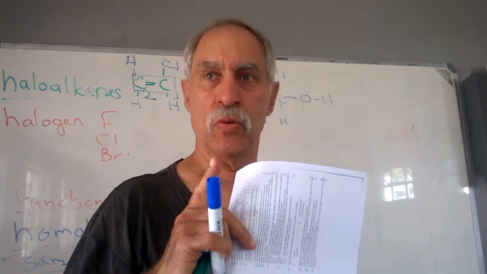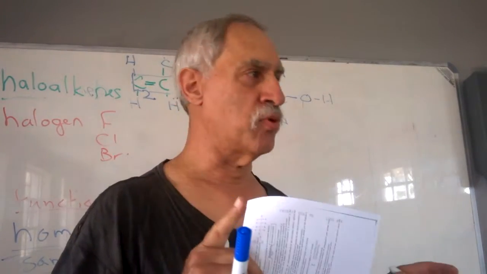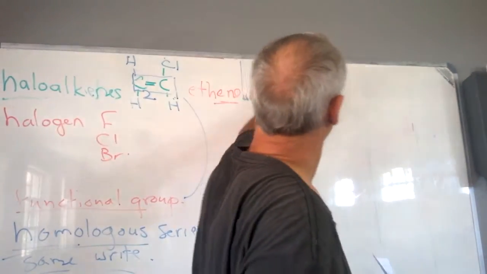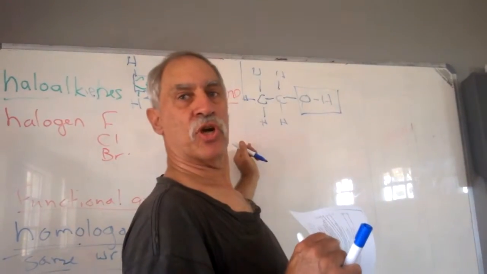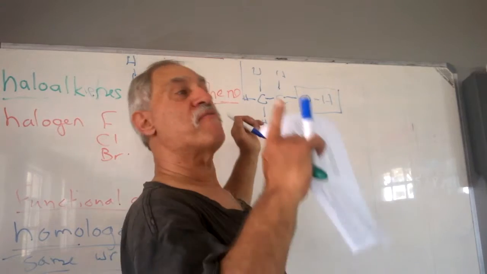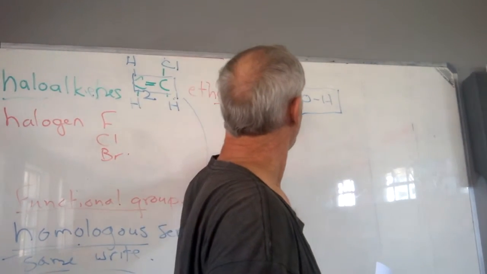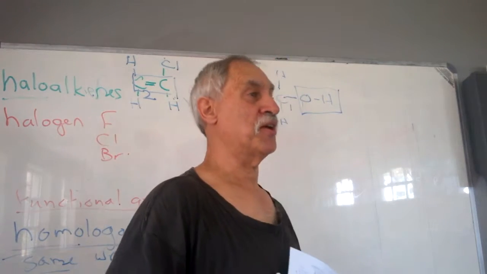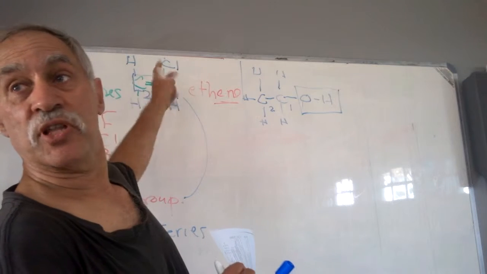Ethanol. Where would I number it from? Which would be the carbon I would number it from? Would I start from the functional group, that carbon, or would I start on the opposite side? The functional group side. We always start numbering from the functional group side. Now in this case it's got 2 functional groups, so it makes no difference.